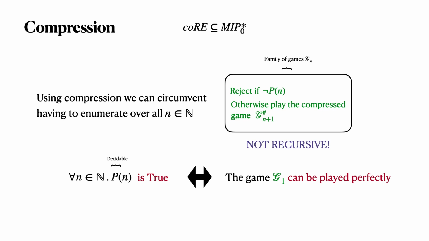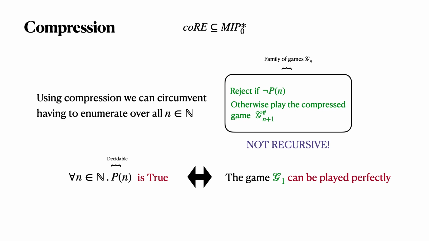Let's use the compression theorem to prove that Co-RE is in MIP star 0. To do that, we just need to construct a game from any Co-RE formula such that the Co-RE formula is true if and only if the value of the game is 1.